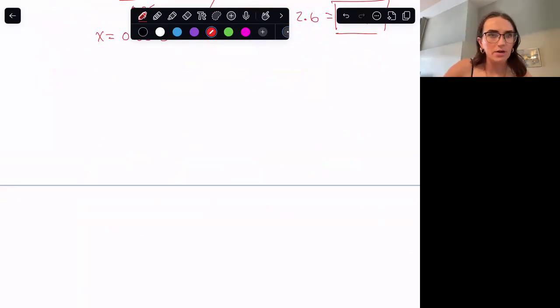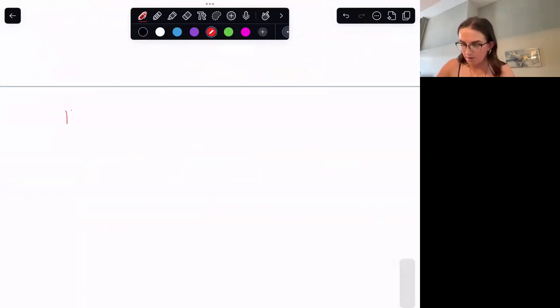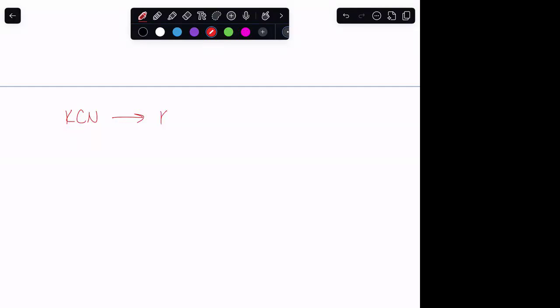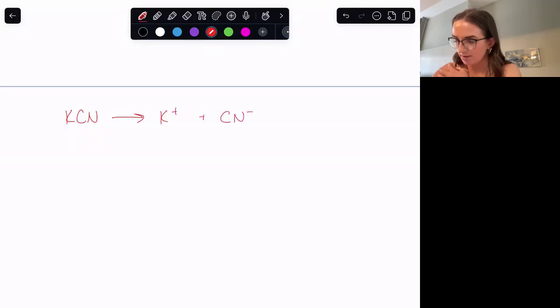So let me try and find a different example so I'm not using the same one the whole time. Okay, so if we have something like KCN, when we break this apart, we need to ask ourselves, what ions does this break apart into? Potassium and then cyanide. Perfect. So you have K plus and CN minus.